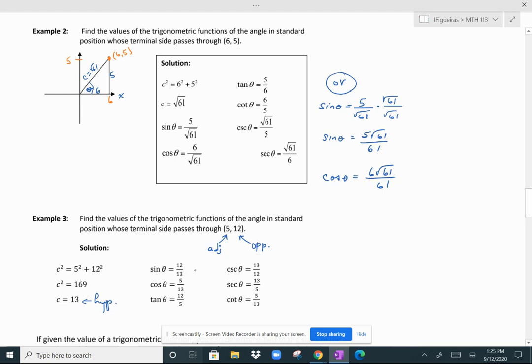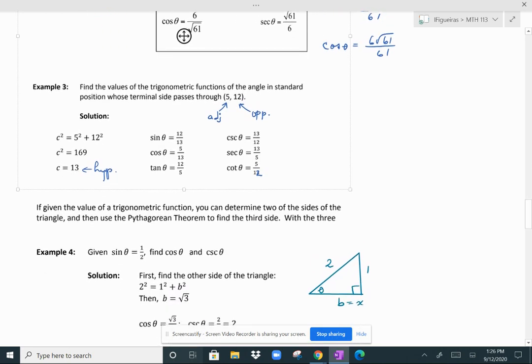Reciprocal of sine is cosecant, that's 13 over 12. Reciprocal of cosine is secant, that's 13 over 5. Reciprocal of tangent is cotangent, so that is, this is a typo, so that is 5 over 12. Okay, so that's how you find your 6 trig functions, when you know a point that the terminal side goes through.